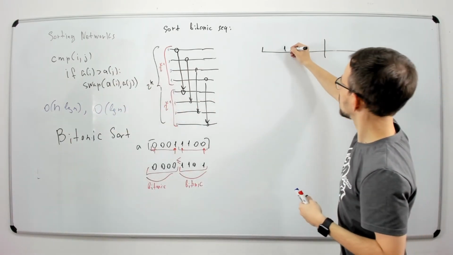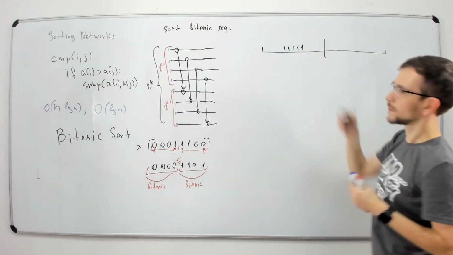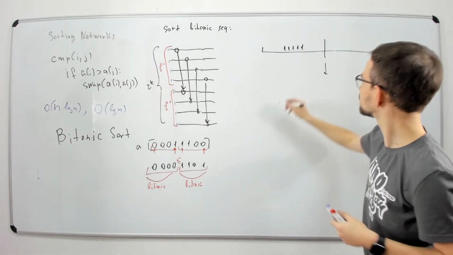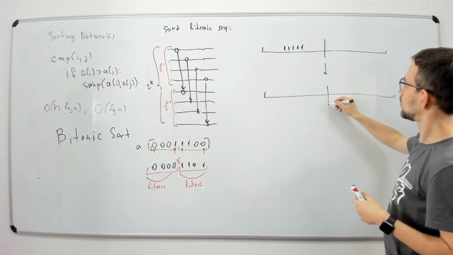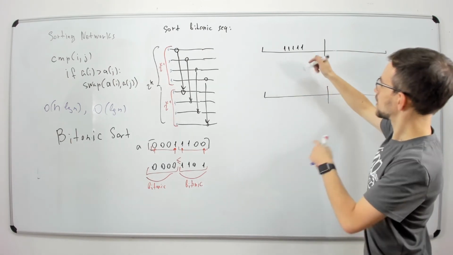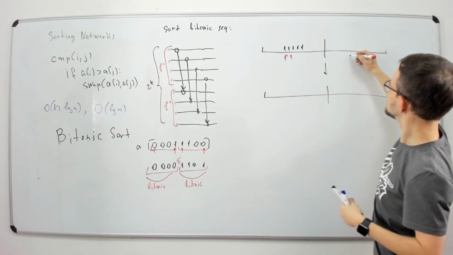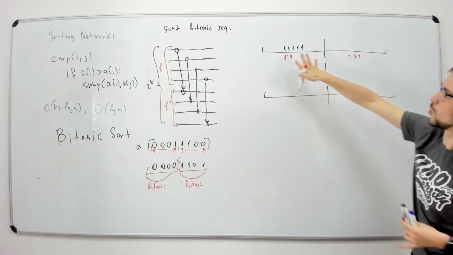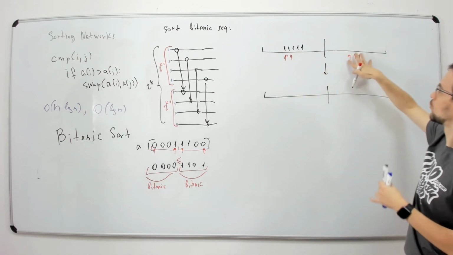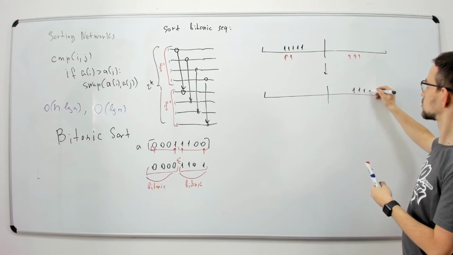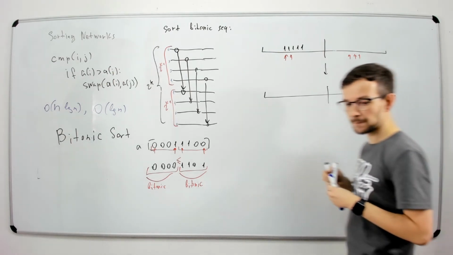If the segment of ones is in one half of the array, then after this operation we compare these ones with these zeros, so the zeros will move here and these ones will be here.